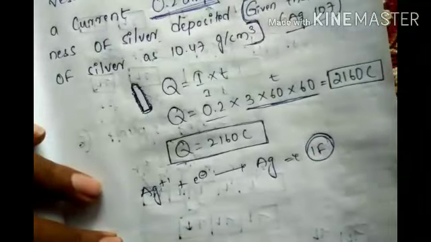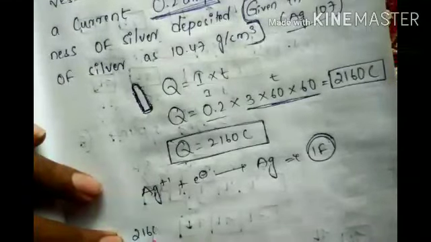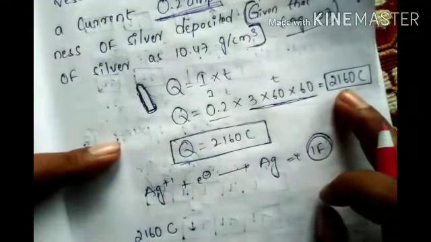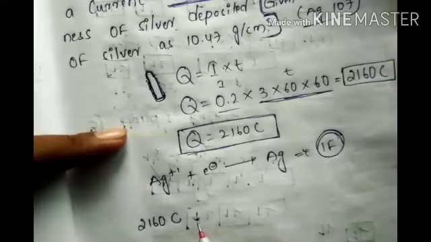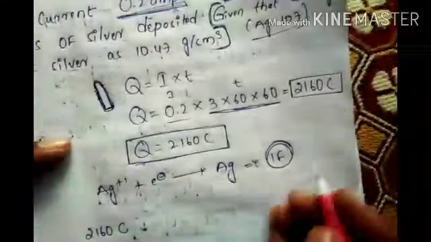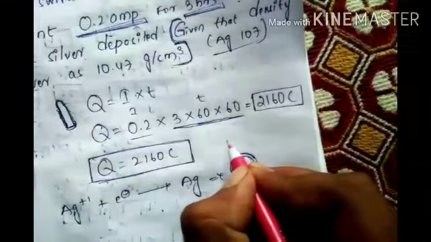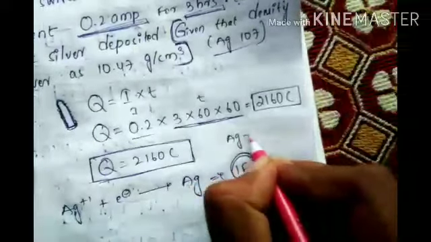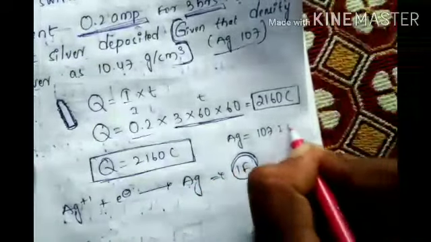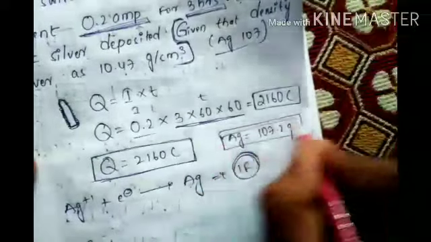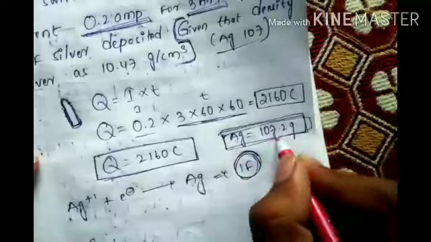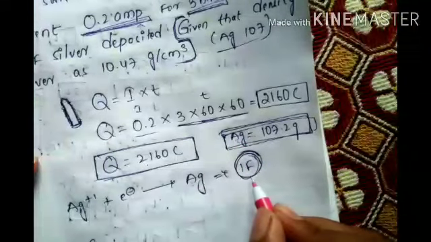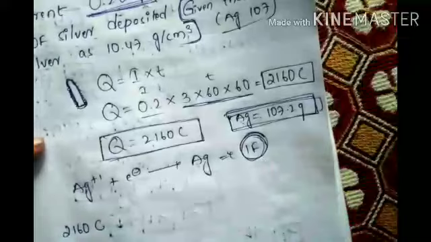Now next, 2160 C. Before going to that, one more thing: 1 mole of Ag has molecular weight 108 grams. Remember these three: silver molecular weight, quantity of electricity, and how many Faradays.